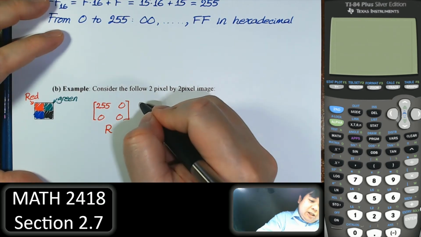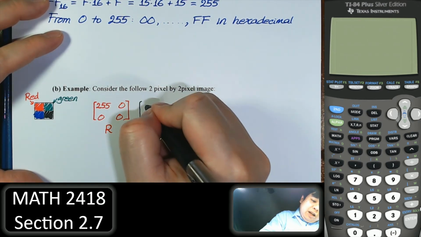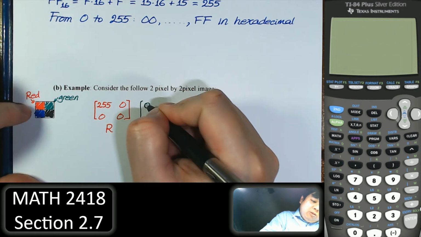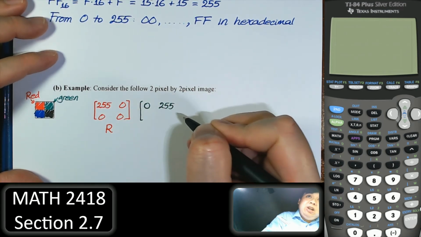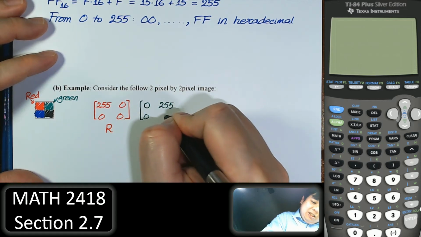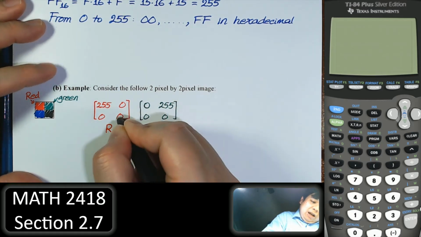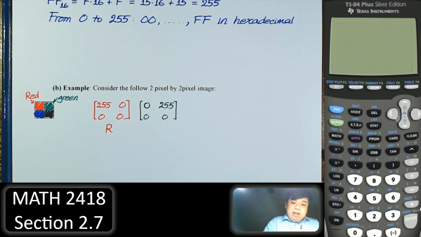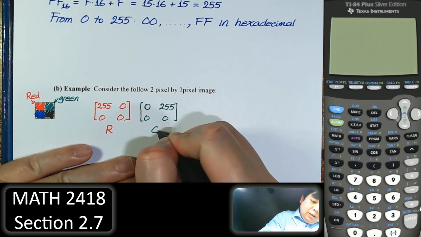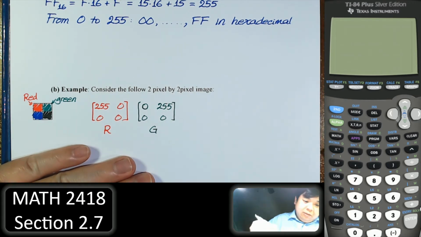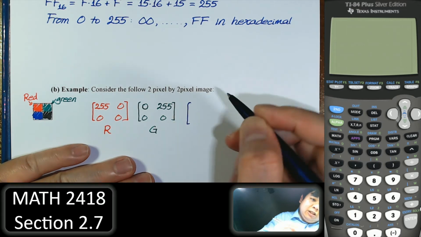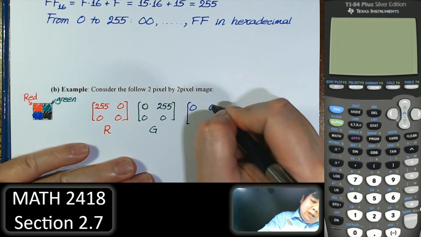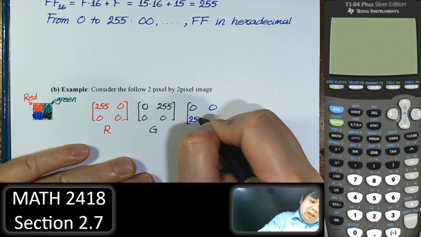For the green, I will have 0, red doesn't have any green in it, green has the maximum amount of green, and black doesn't have any light in it. And then green, and then blue. We have 255 here.